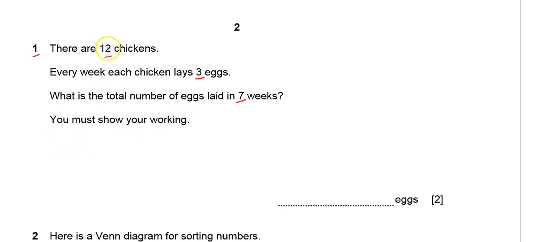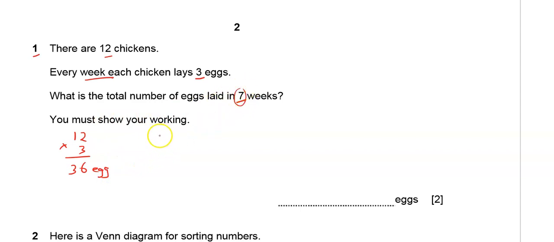So, in each week, let's find how many eggs are laid by these 12 chickens. 12 chickens, each laying 3 eggs every week, that's 36 eggs each week, and then we have 7 weeks.